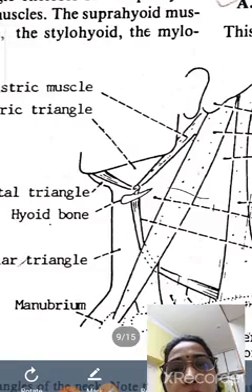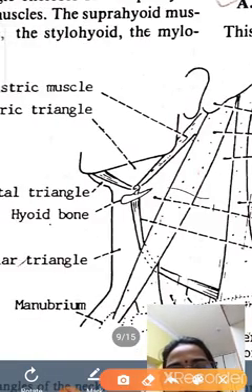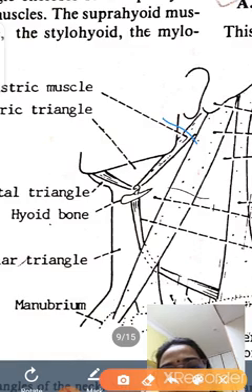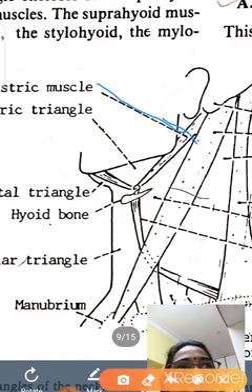First, this is your digastric muscle, and this is your hyoid bone. Now this is the submental triangle. This is your submental triangle.